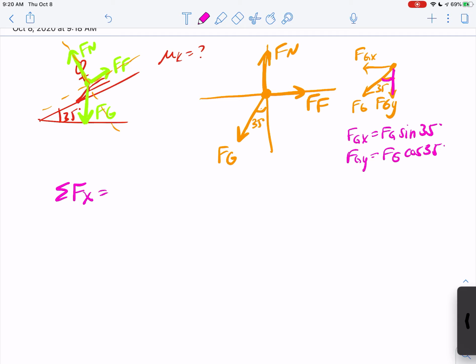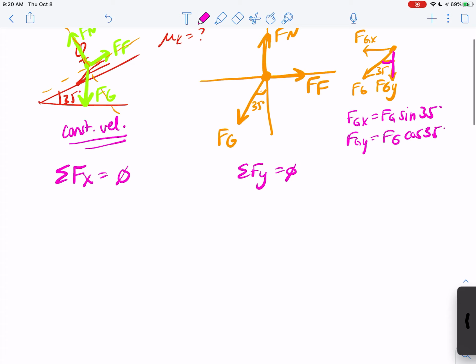All right, so the sum of the forces in the x direction is 0 because constant velocity, and the sum of the forces in the y direction is 0 because constant velocity. I'm going to set up my coordinate system to go down the plane as positive. Actually, I probably should have redrawn that first.